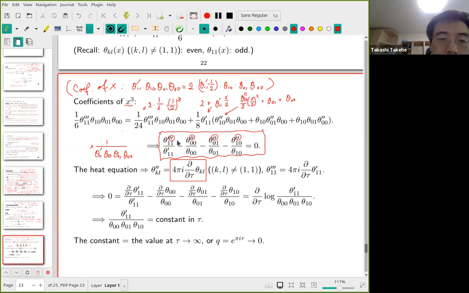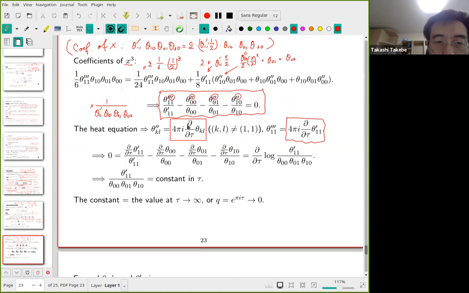And this third derivative of theta 1 is replaced by the first derivative by tau of the first derivative of theta 1 by u. So by canceling this 4 pi i, we have such a formula, which is equal to this logarithmic derivative of this quotient.